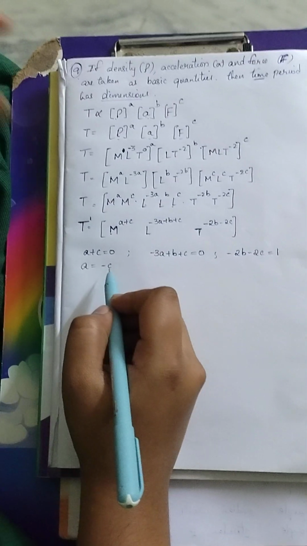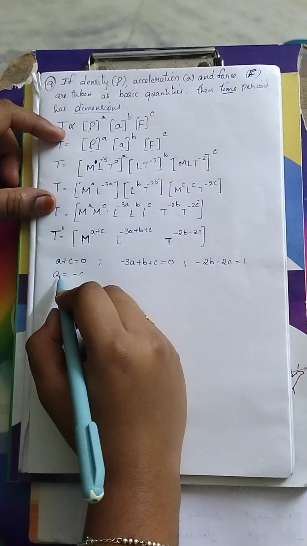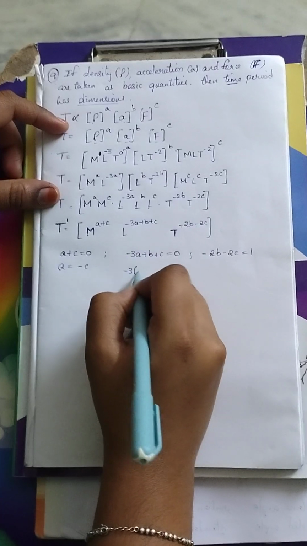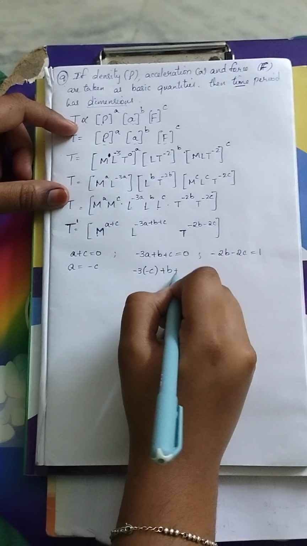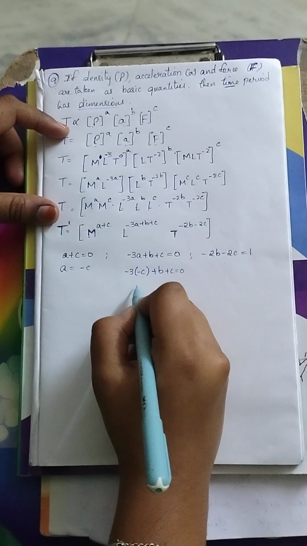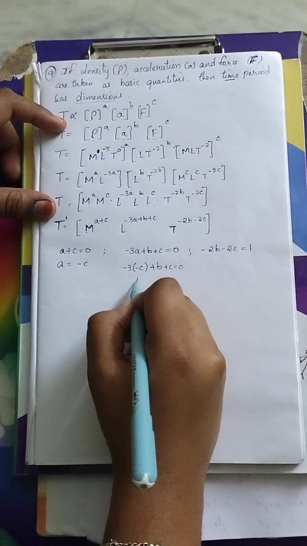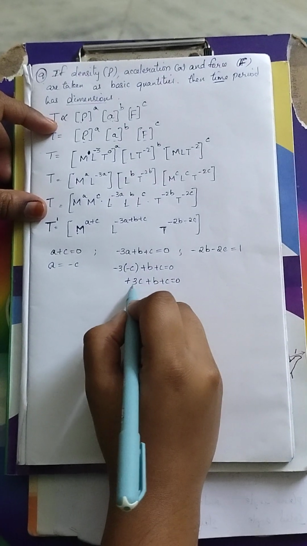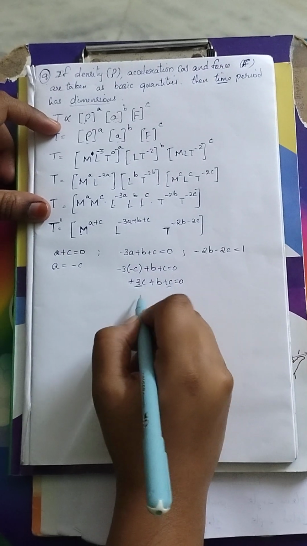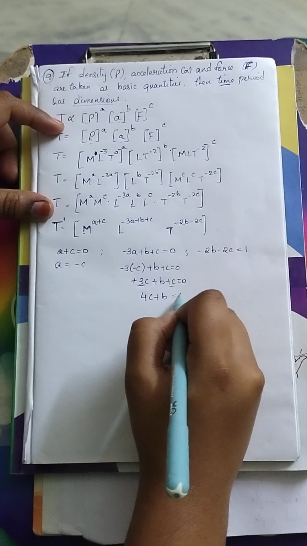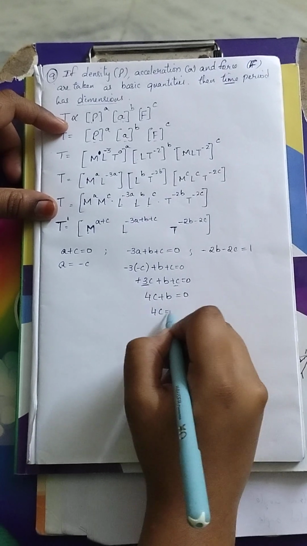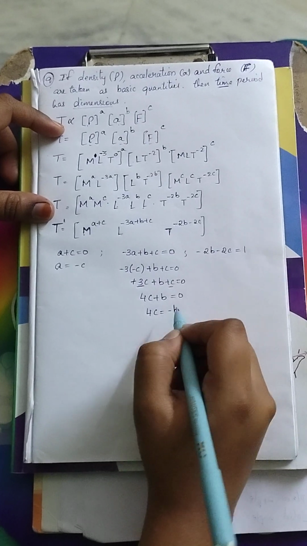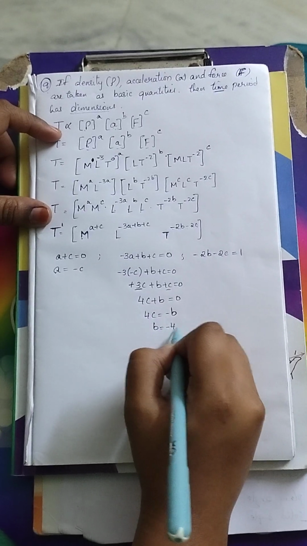So we have got a is equal to minus c here. So we can substitute that a value here: minus 3 into a means minus 3 into minus c, plus b plus c is equal to 0. It becomes plus 3c plus b plus c equals 0. Plus 3c plus c becomes 4c plus b is equal to 0, so b is equal to minus 4c.